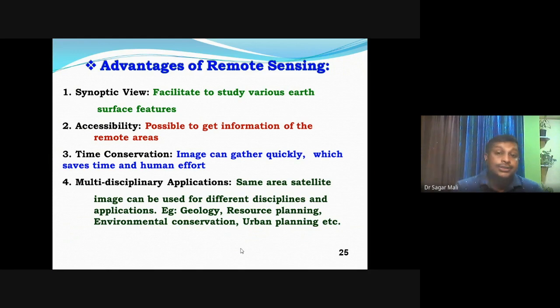A researcher can use this for urban planning purposes, an urban planner uses it, an engineer can use it for making various roads, dams, right? So many people, many experts use the same area image for multiple applications.